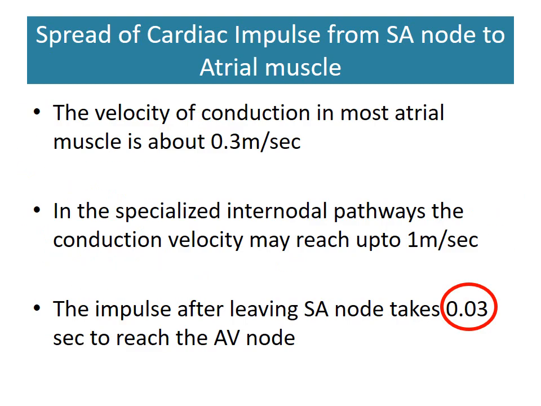And the velocity of that cardiac impulse from the SA node to the atrial muscle is 0.3 meter per second. But in the specialized internodal pathway it is faster, around 1 meter per second. And the impulse after leaving SA node takes 0.03 second to reach the AV node.